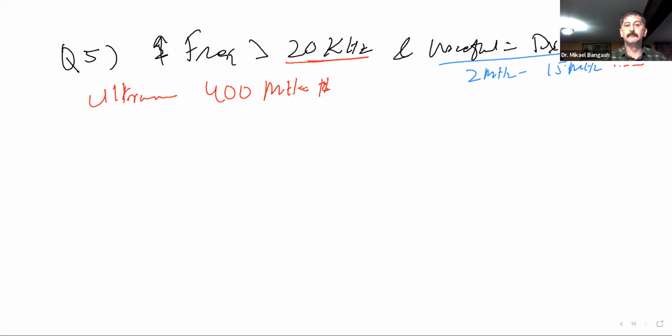Did that make sense? Had we not had this condition in the question, this could have been a correct answer. But the question qualifies it further by saying useful in diagnostic imaging, so it has to fall within this range here. Did you guys get that?